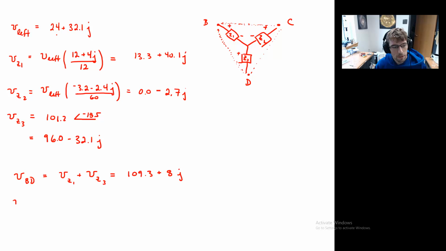And similarly from C to D, which is VZ2 plus VZ3, we get something like 96.0 minus 29.4j.